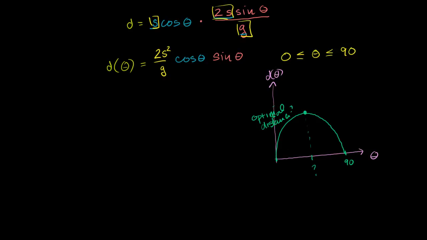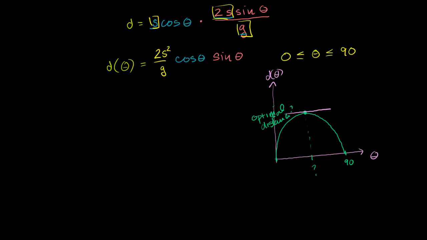It's flat. The slope there is 0. So what we need to do is take the derivative of this function and then just figure out at what angle the derivative, or the instantaneous slope of this function, is equal to 0. And then we're done. We will know this mystery angle, this optimal angle to shoot the object at.